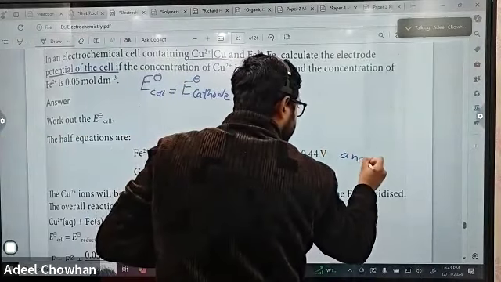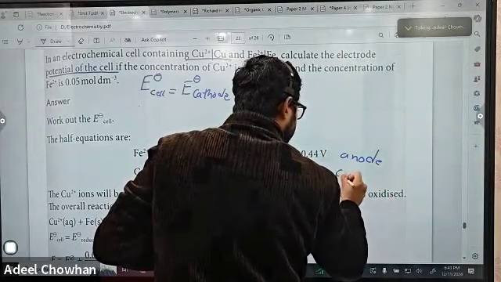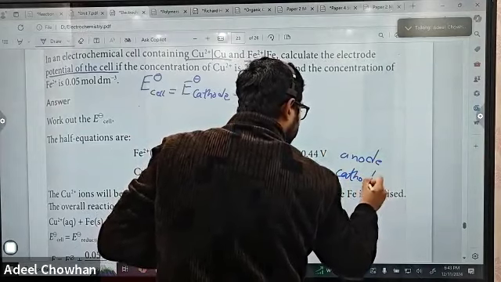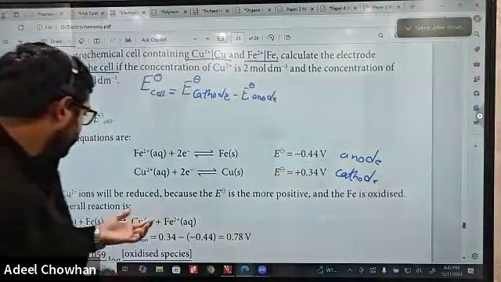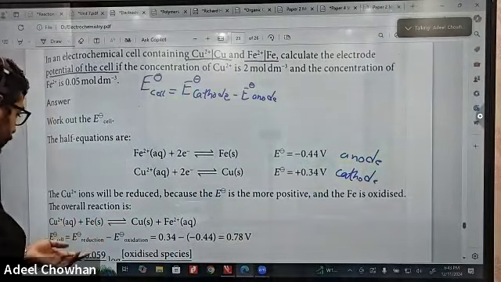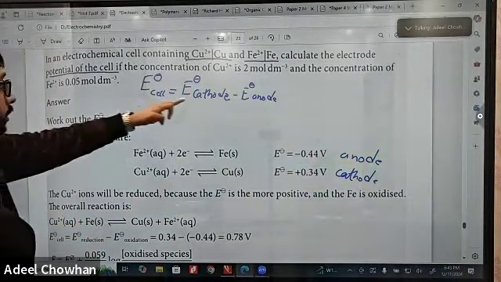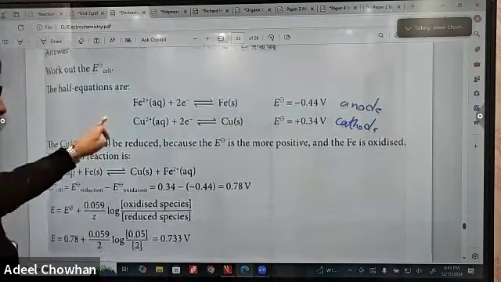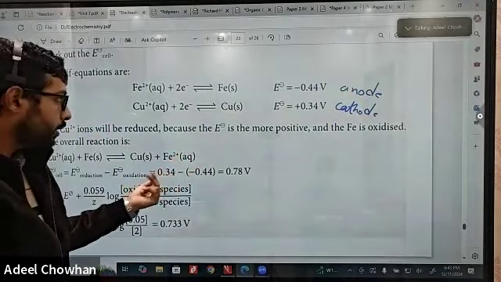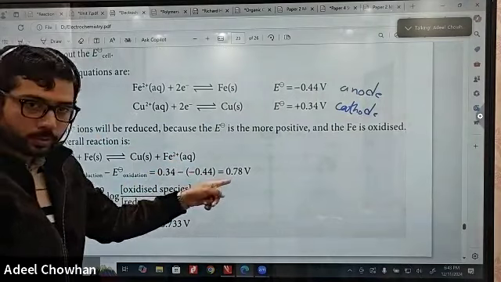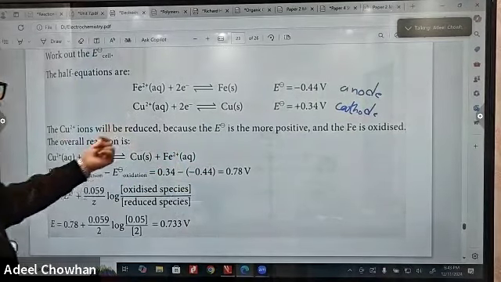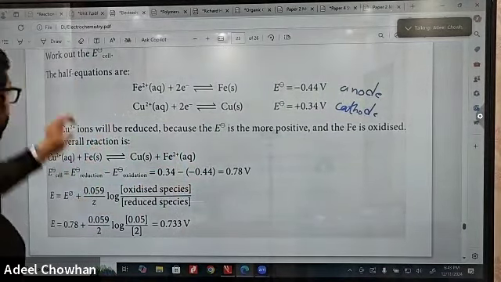This is the anode. This is the cathode. Now use these values to find the E naught of the cell. After using these values, it will become E cathode minus E anode. It is 0.78. Now you have determined the value of the E naught.